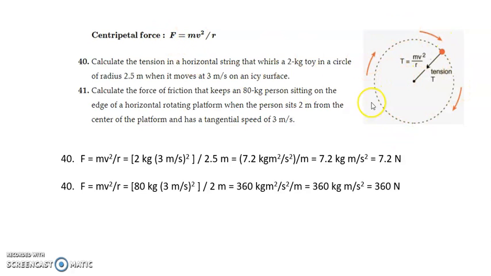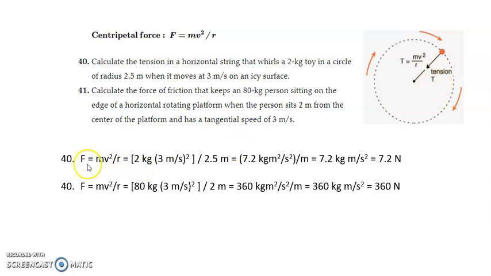This is moving in a clockwise direction. Our radius is 2.5 meters, so the distance from where the toy is to the center of rotation is 2.5 meters. And if you have a way to measure the speed right here, it would be 3 meters per second. So to find the centripetal force, we really have to find the tension.